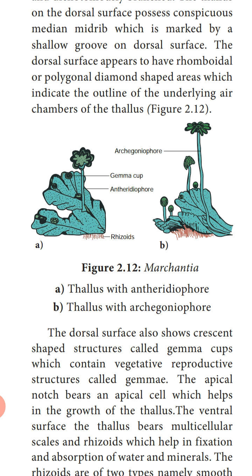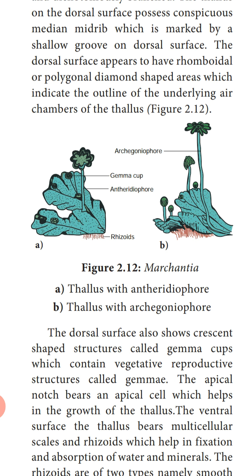From the thallus an erect structure is arising, that is the gametophore. Since this gametophore bears the antheridium, the male reproductive structure, this stalk is called the antheridiophore. In this thallus you can see the rhizoids labeled below, and the gemma can also be found here. So this thallus contains the male reproductive structures. The antheridiophore contains the antheridium, the male reproductive organ.